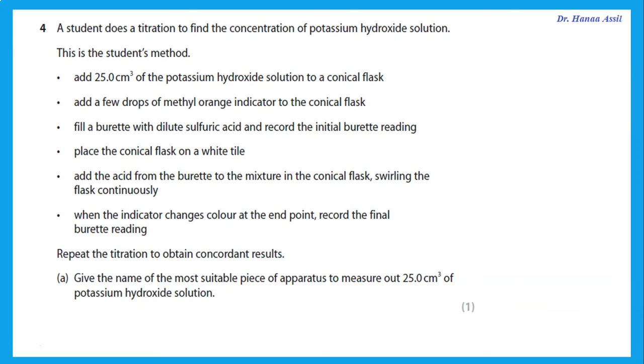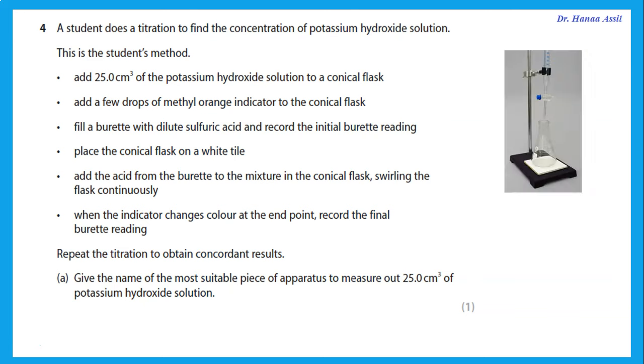Question 4 says, a student does a titration to find the concentration of potassium hydroxide solution. This is the student's method. Add 25 centimeter cubed of potassium hydroxide solution to a conical flask. Add a few drops of methyl orange indicator to the conical flask. Fill a burette with dilute sulfuric acid and record the initial burette reading.